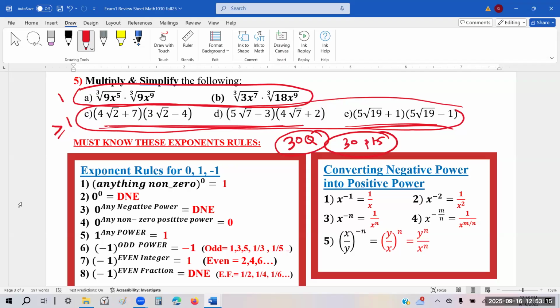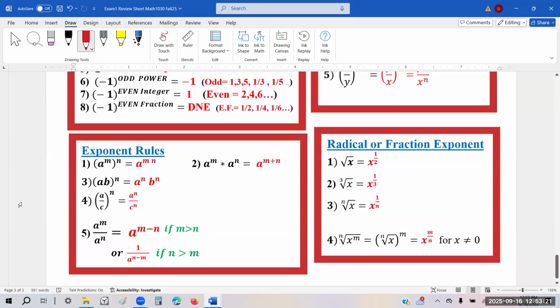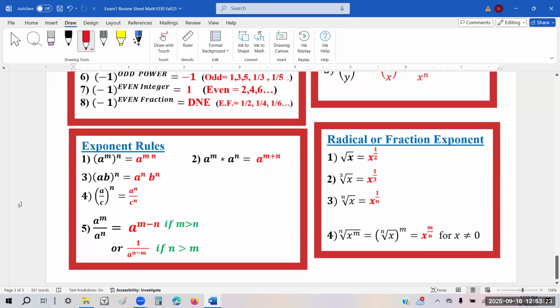Okay, so you definitely should know all these rules. And I put them together for you. All you have to do is print them and look at them every single day. And I'm not going to ask you what's the division rule, what's the multiplication rule.